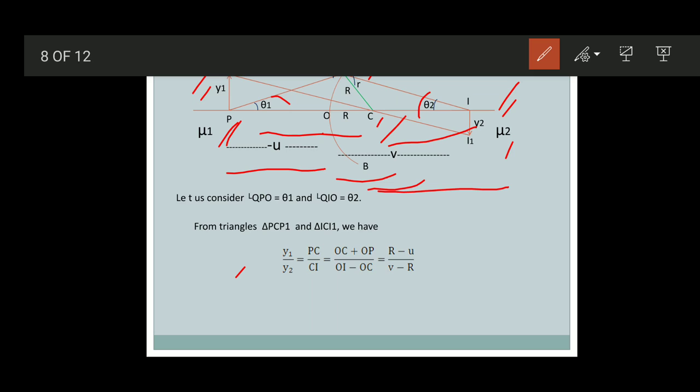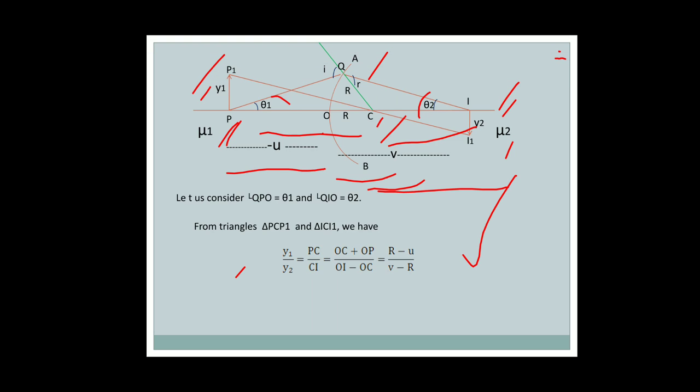So y1 by y2 is equal to (R minus u) by (v minus R). That is taken as equation 1. But we know Snell's law is mu1 sin i is equal to mu2 sin r, that is, sin i by sin r is equal to mu2 by mu1. That is useful in the next derivation.